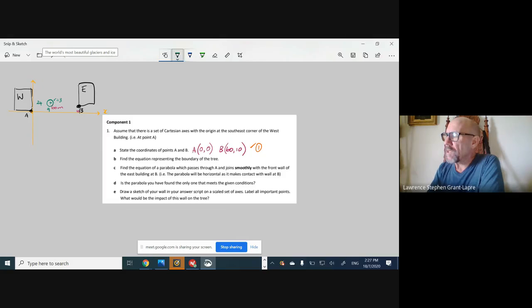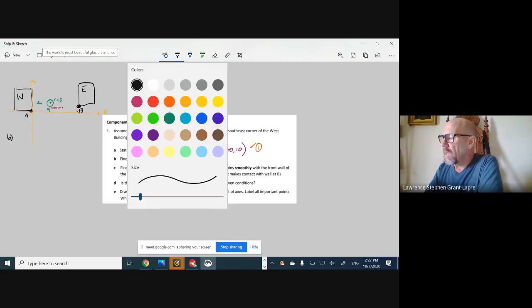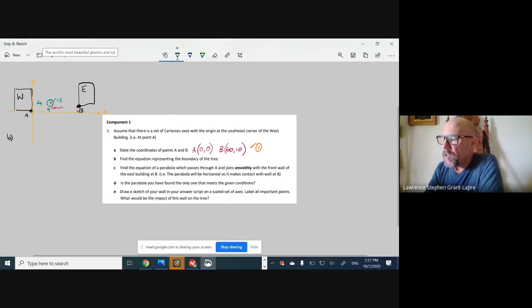So part B, let's just put that over here. Oh, by the way, I know I've already said that's worth a mark. Okay, part B, the tree is circular. Did we need to say that? Well, it's not worth a mark, but yes, you should have actually said this, the tree is a circle.